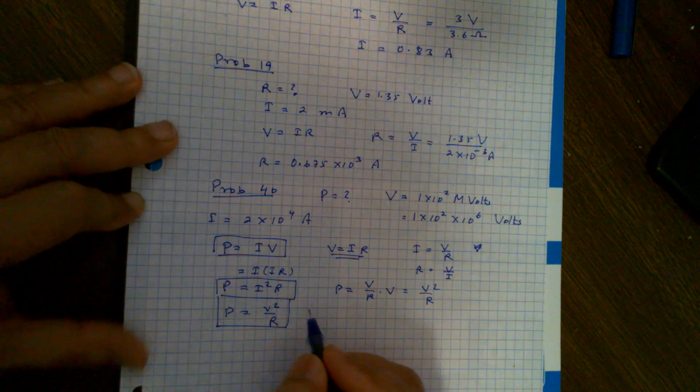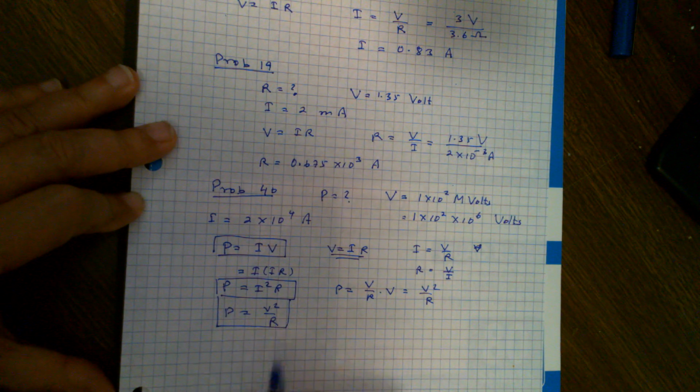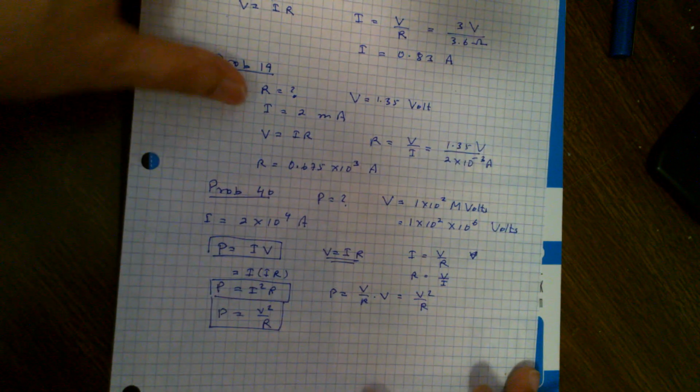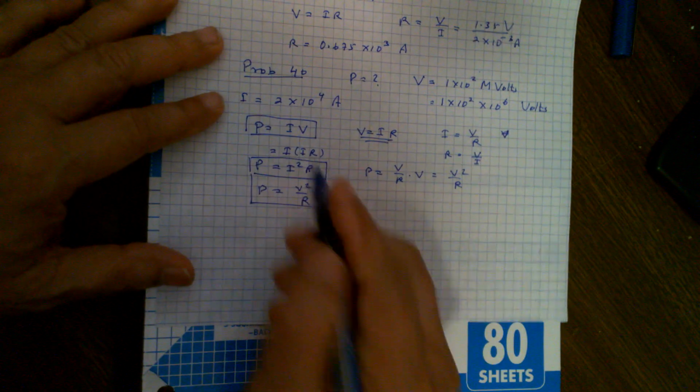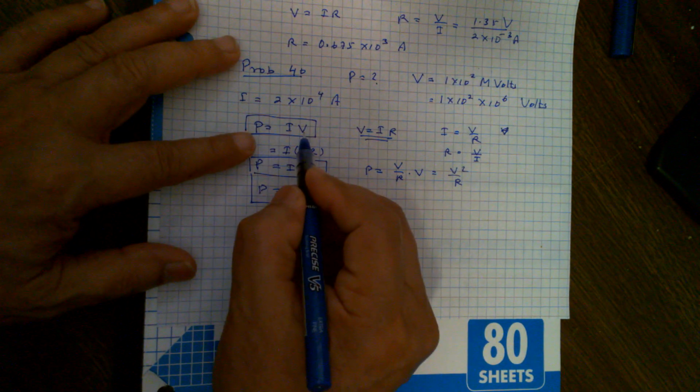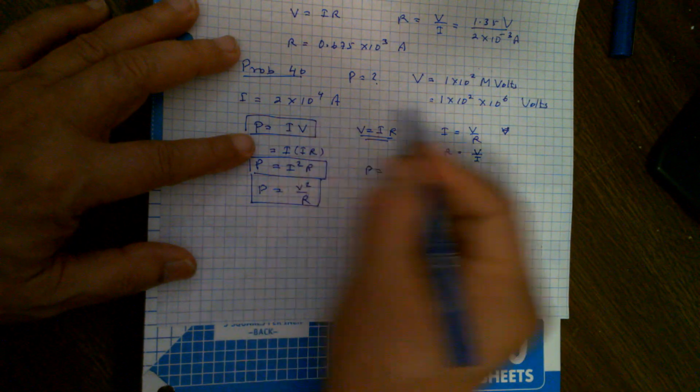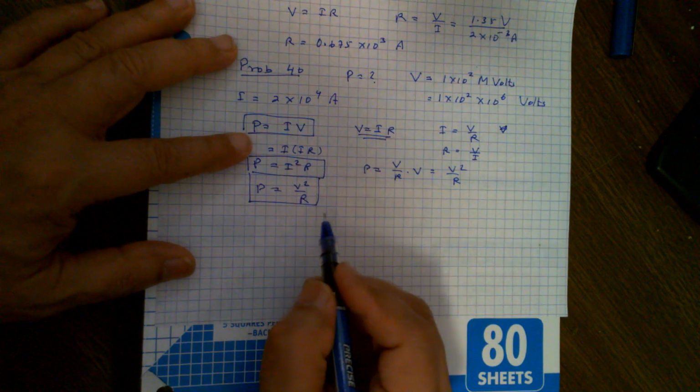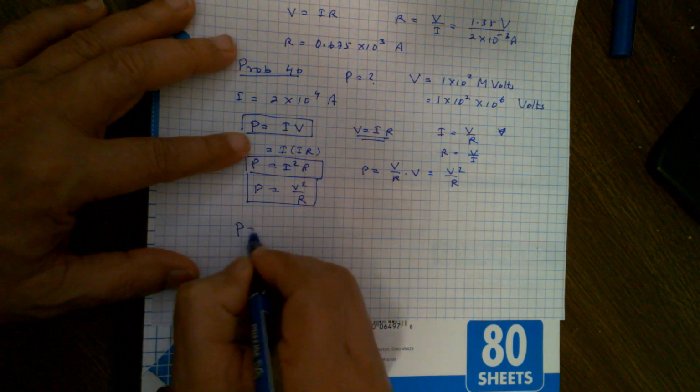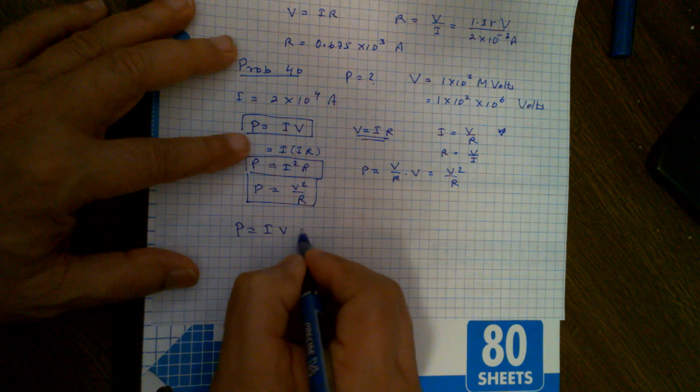That one I will use when I know V and R. Alright? But in this problem, I know P is equal to IV, current is given, and voltage is given, so I'll just use that. So I'll use P is equal to IV.